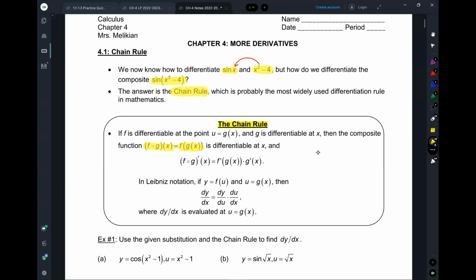In order to create that, we had some outer function and then we had some inner function. What we do is we take a derivative of that outer function, then we go inside and take a derivative of that inner function, and we multiply them by each other.